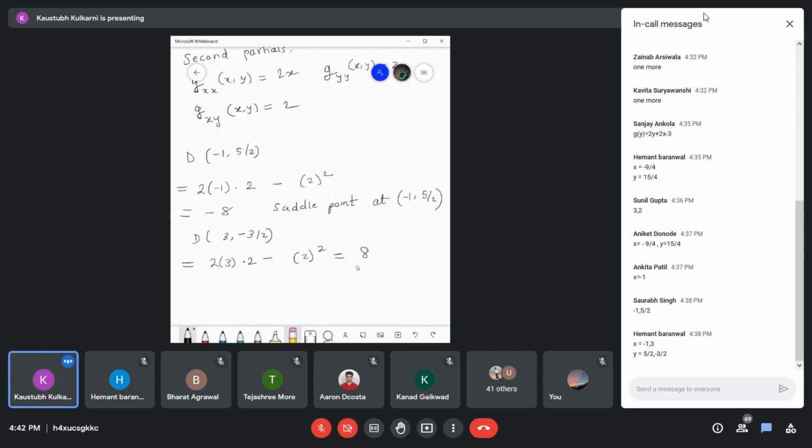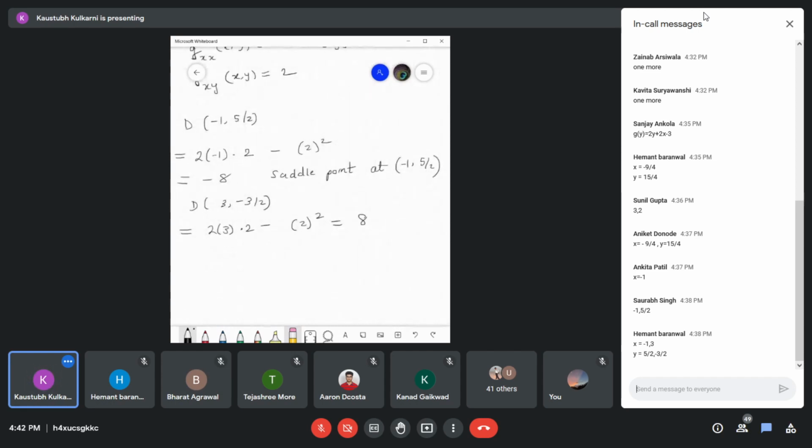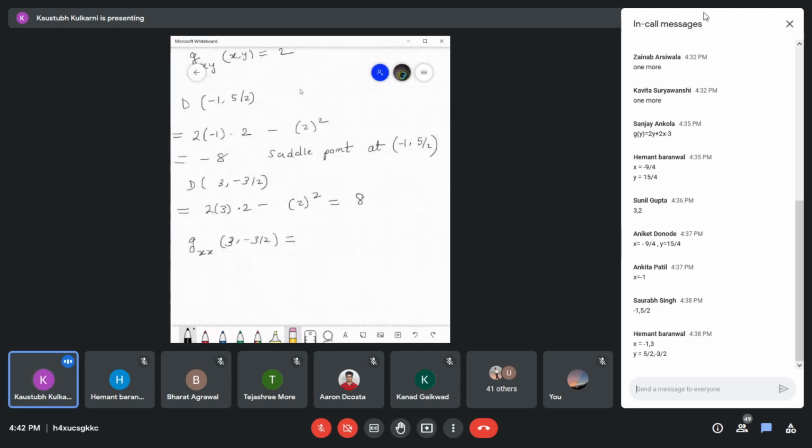In this case D is greater than 0, so we'll have to consider further. g of xx at 3 comma minus 3 by 2 is, because g of xx is 2x, therefore 6, which is greater than 0.